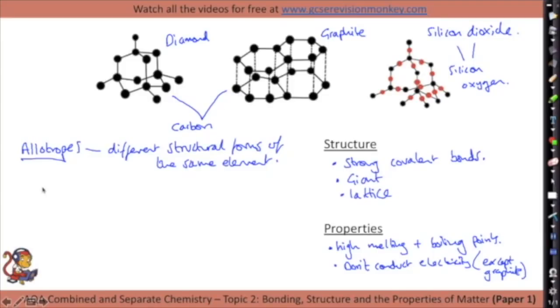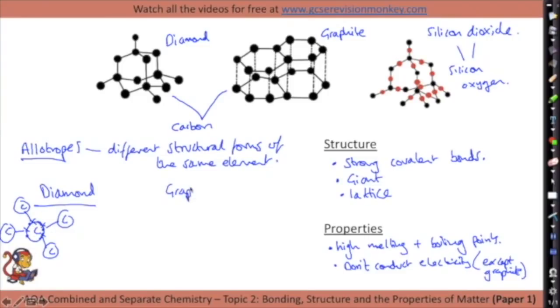So these are both made out of carbon, but they're very structurally different, and therefore they have slightly different properties to each other. With diamond, each carbon makes 4 covalent bonds with other carbon atoms. So carbon's in group 4, it has 4 electrons in its outer shell, and it makes 4 strong covalent bonds. It uses all the electrons that it has.